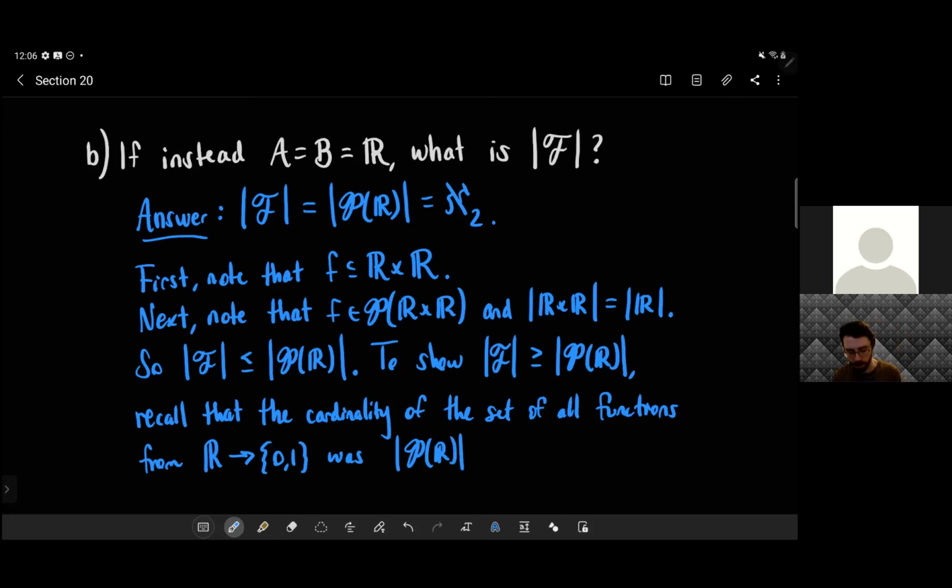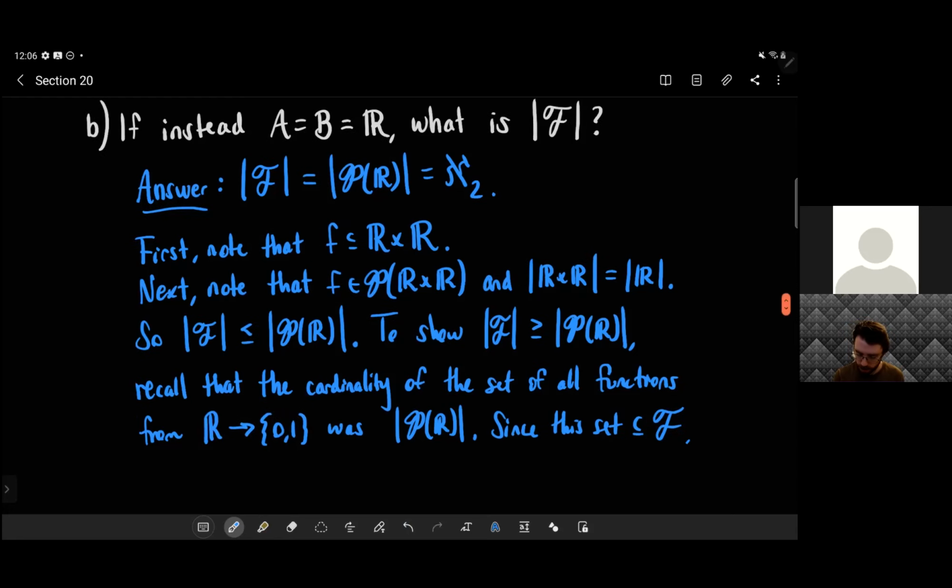then all you really need to note is that this set is a subset of curly F, right, functions from R to {0, 1} are also functions from R to R. So one's a subset of the other.